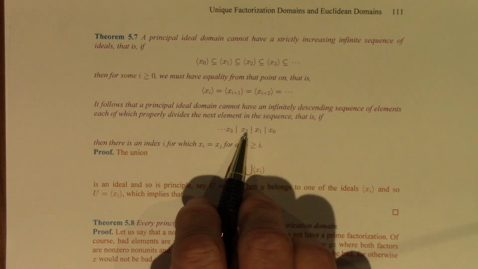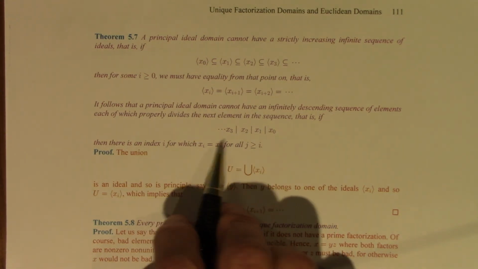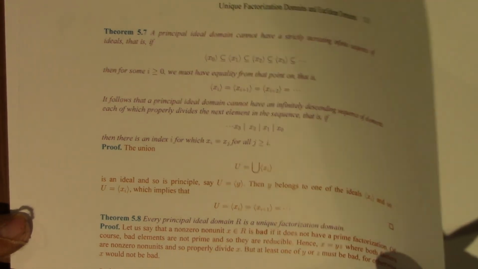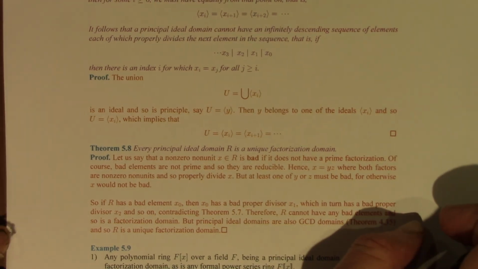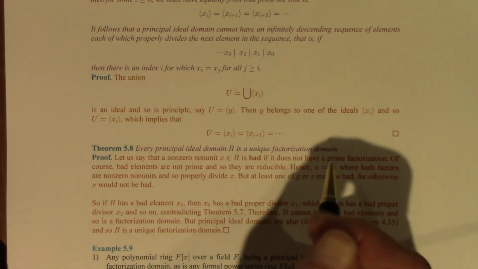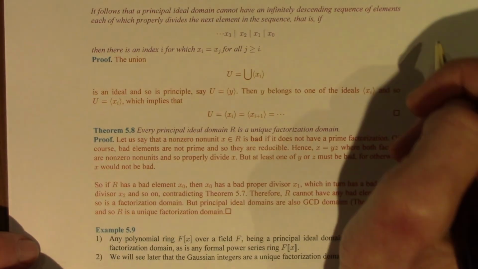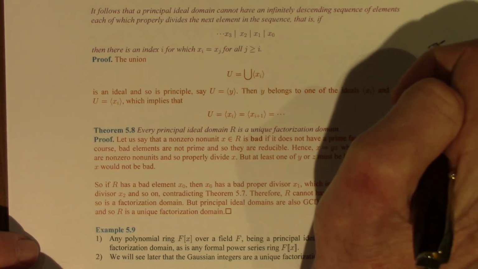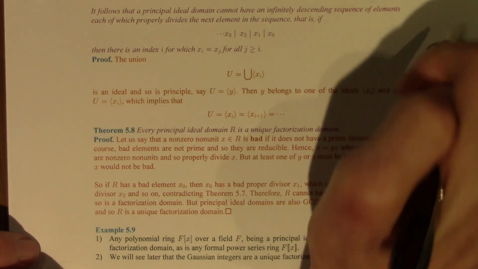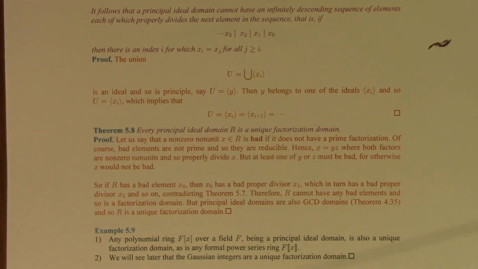So there's an index i for which x_i equals x_j. Actually, they could be associates. They must be associates from some point on, back towards the left.